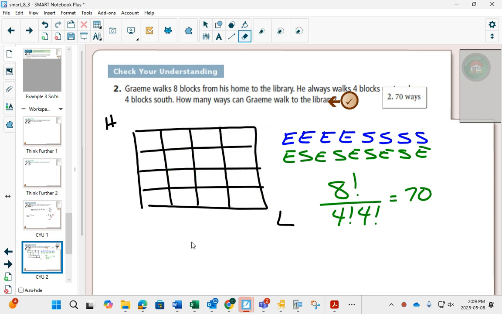Now, pathway questions like this can be done like Mississippi questions. They can also be done with counting. And the way that you do it with counting is you say, I'm going to start here. And you go to each intersection. How many ways could I get to that intersection from home if I went directly there?